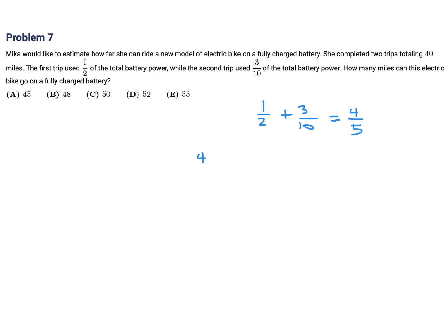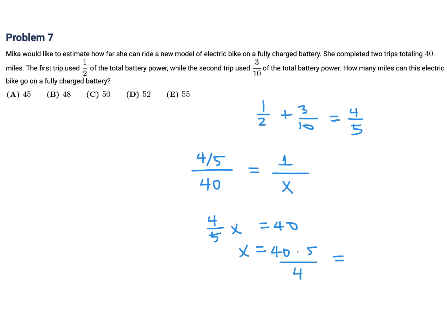So 4 over 5 is how much battery life was required to go 40 miles, correct? So we want to know on a full charge, which would be 1, how many miles. Cross multiply, you get 4 over 5 x is 40, and therefore x is 40 times 5 over 4, and that, I believe, is 50. So that would mean C.